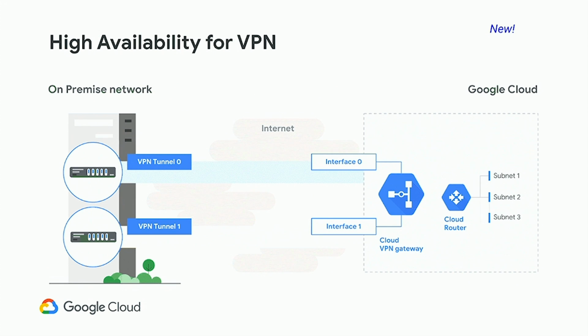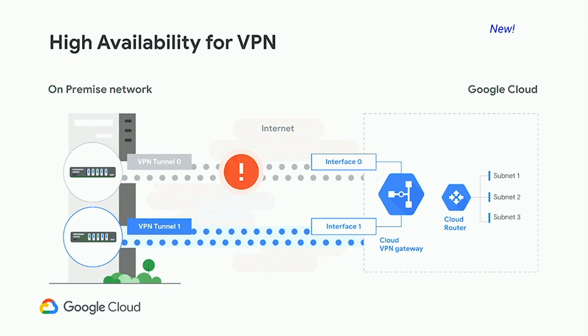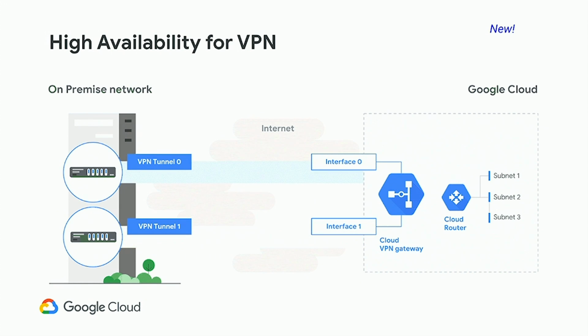You can either use highly available VPN in active-active mode, in which case you are advertising the routes from your on-prem using the same MED value or the same priority, and you would need to use the same base priority as well when advertising those routes to your VPC. In this case, both the tunnels will be used, and the traffic will be ECMP hashed over both the tunnels.